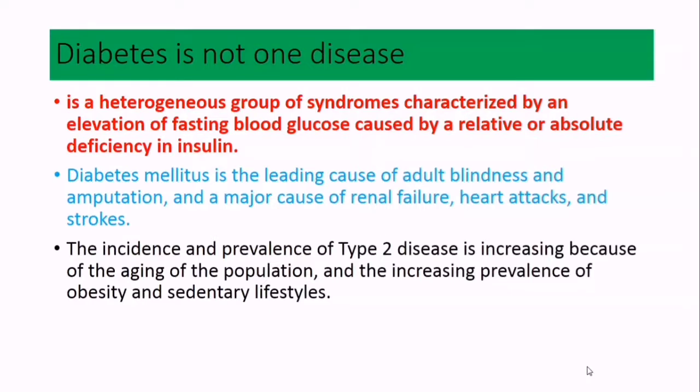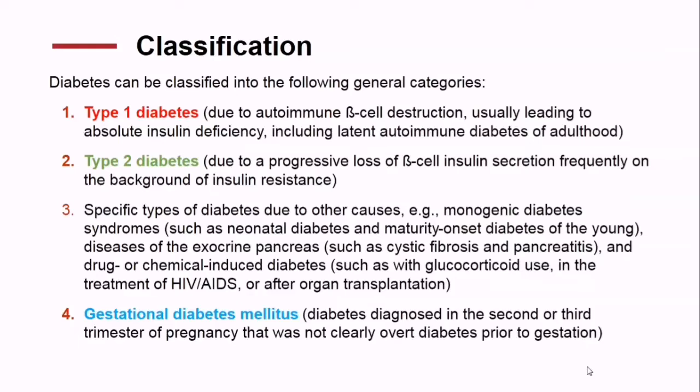The incidence and prevalence of type 2 diabetes is increasing day by day because many old age people are living, and because of the increasing prevalence of obesity and a lazy, sedentary lifestyle.